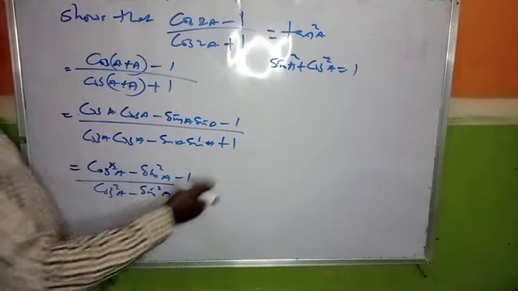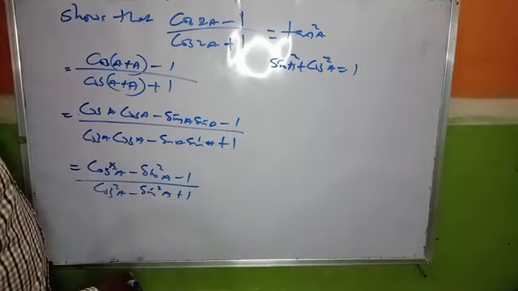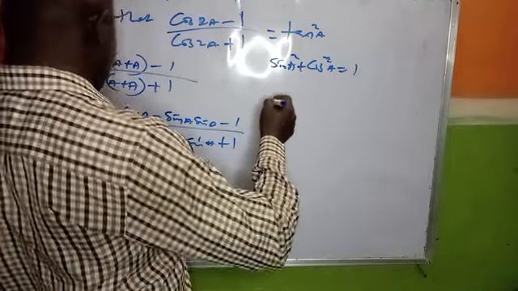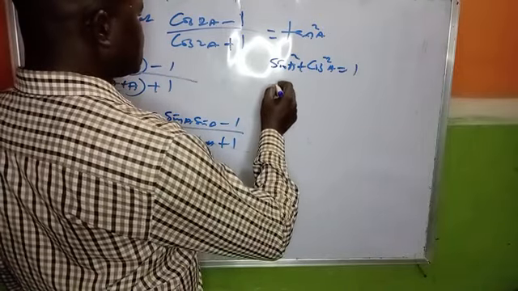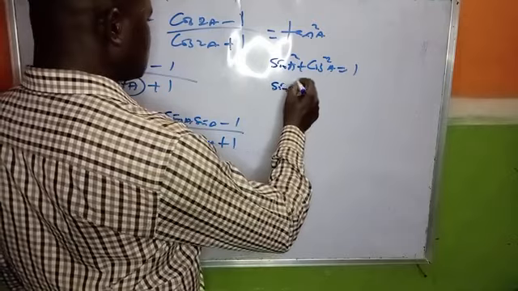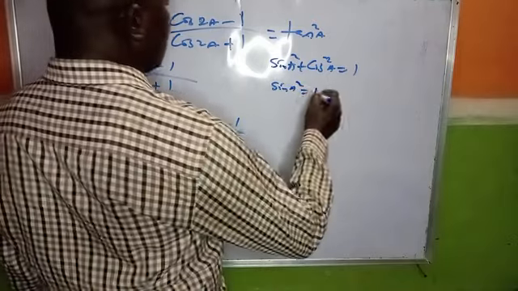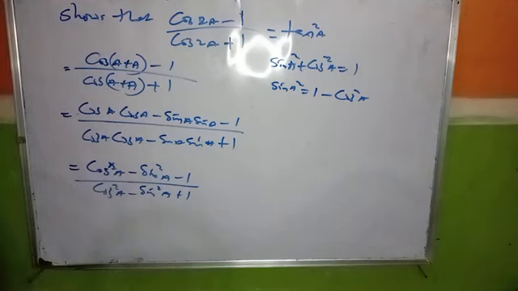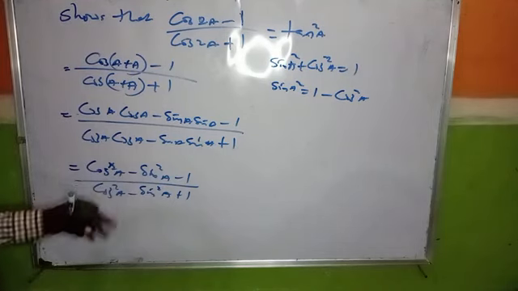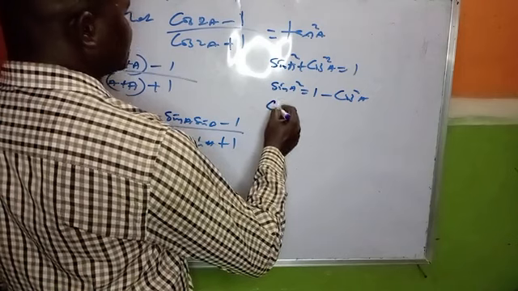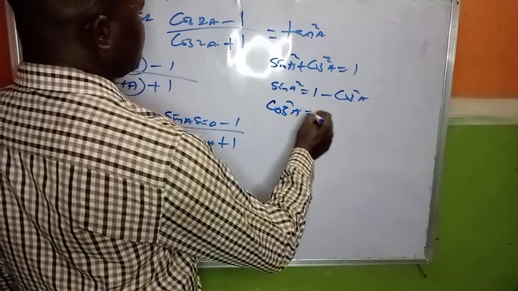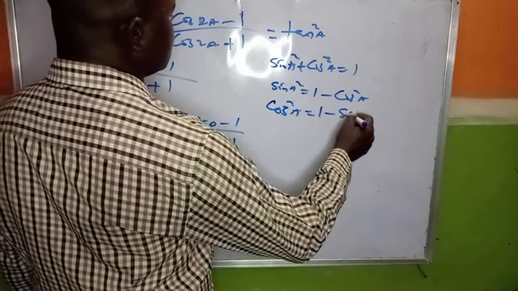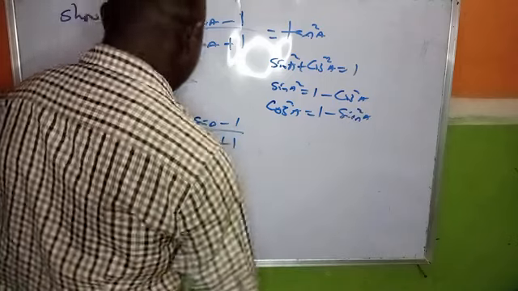You can express it as sine square A equal to 1 minus cos square A, or you can have it as cos square A equal to 1 minus sine square A.